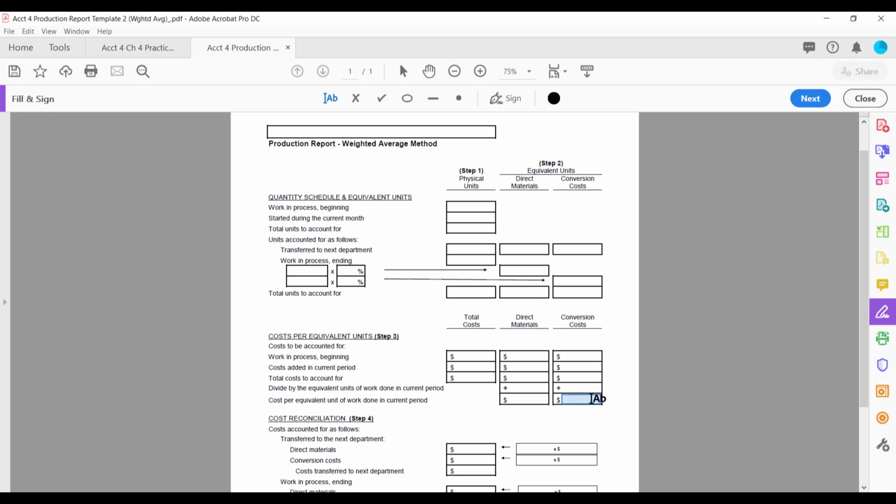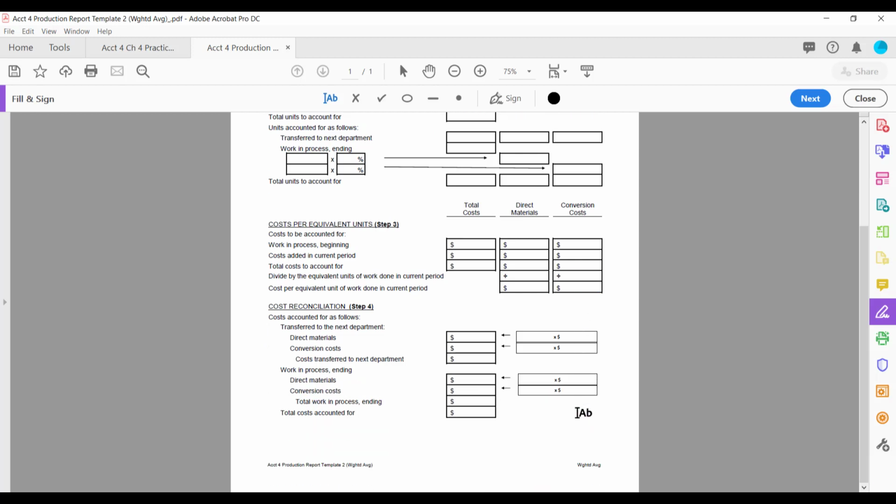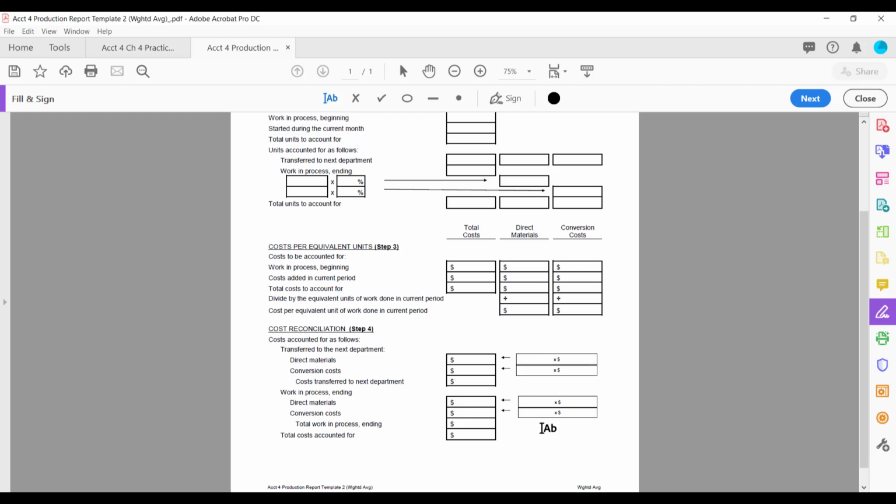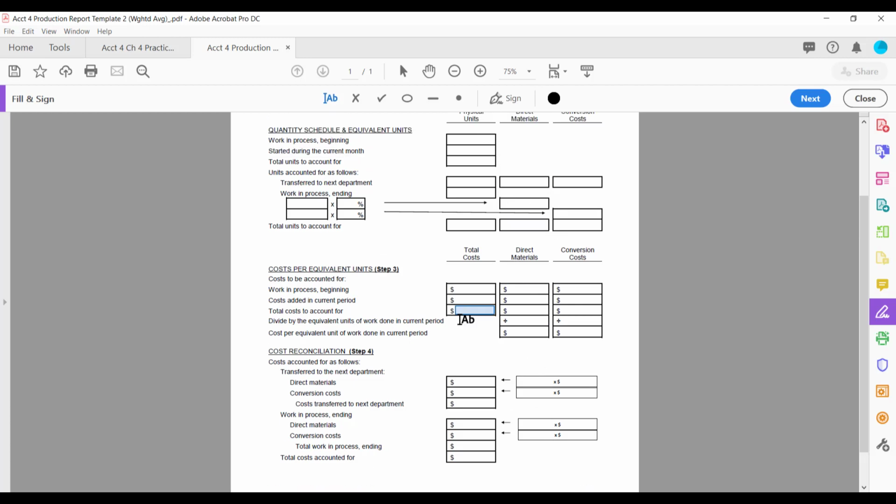Then you'd work down all the way until you get to this box here. Or some problems might even ask you what the total cost is of the units that were transferred out to the next department, and even what the total cost is of the ending work in process units. In that case, we'd actually have to work down a little bit further to get to that answer. But everything follows through to the next one.